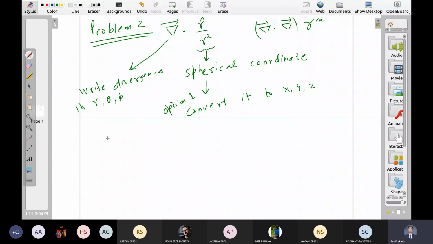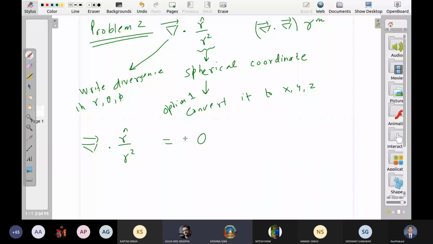Did anyone try to solve divergence of this function? Yes, sir. What is the answer? 0. Sir, it is 0 at r not equals to 0.